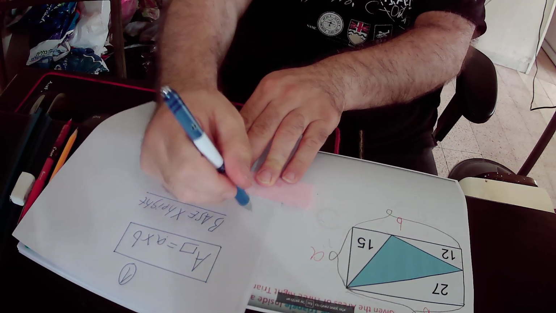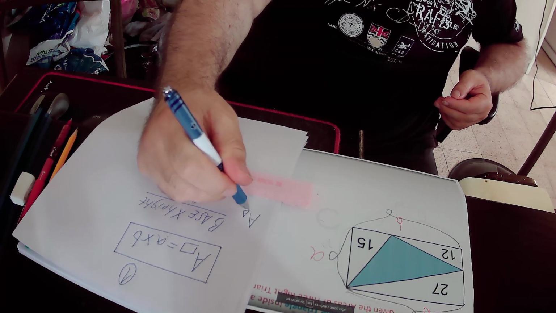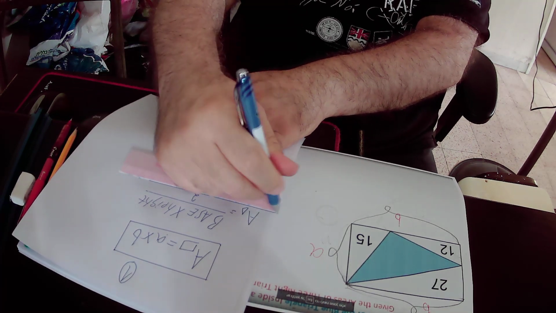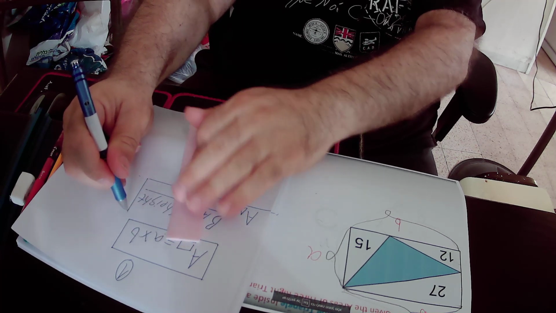So the general formula for the area of a triangle is the base of the triangle times the height to the base divided by 2.